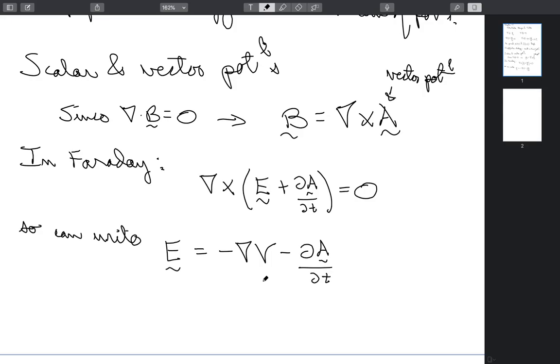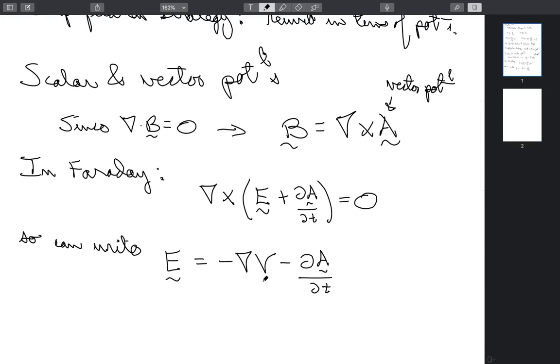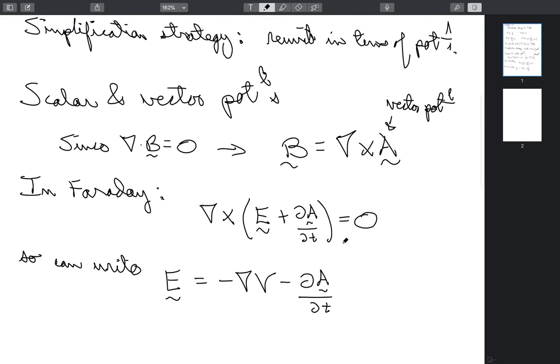Okay, so that's a thing. And now, please understand that the use of this representation automatically fulfills the two homogeneous Maxwell equations, right?